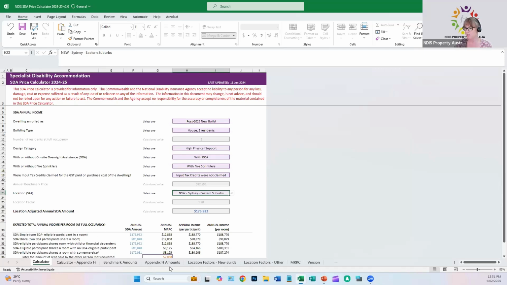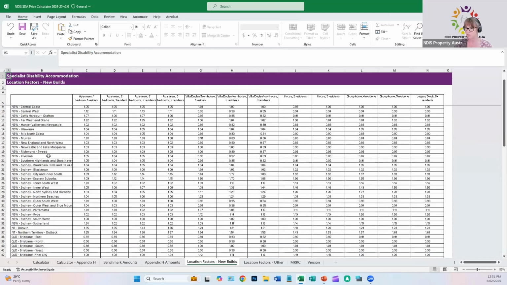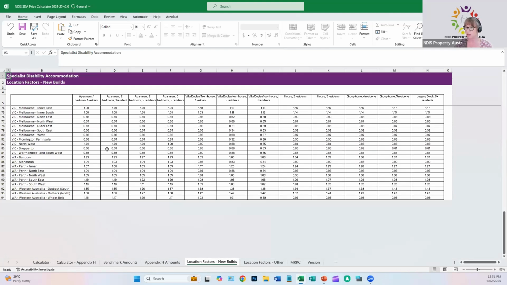So down the bottom here, you've got a few tabs as well. Those location factors, you can actually just click on that tab and see for every SA4 in Australia what the location factors are. And you'll see they actually differ between the dwelling types. So if we look at Melbourne West, 0.98 for apartments, 0.97 for villas. So that one's pretty standard across the board, but some vary quite drastically.